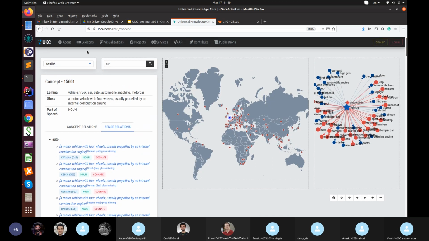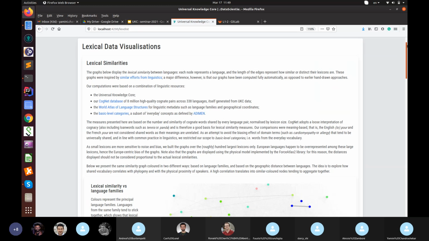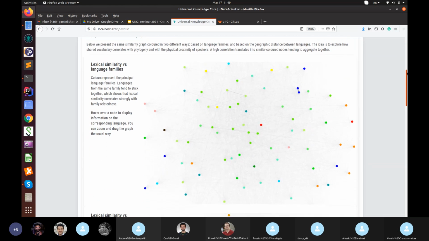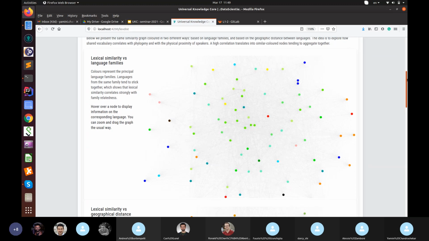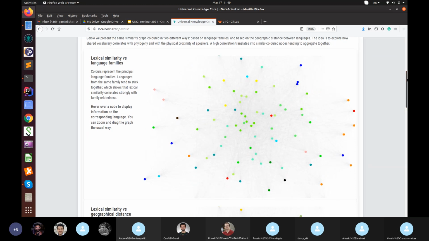So moving on, we can look at the next part, which are the visualizations. So here, the aim is to showcase, though a basic notion, some similarities between the languages based on different scales.